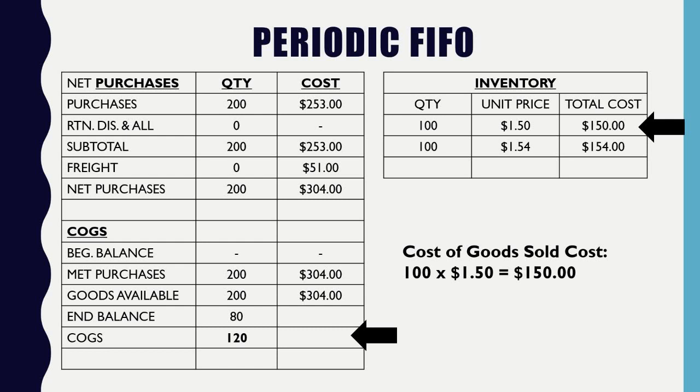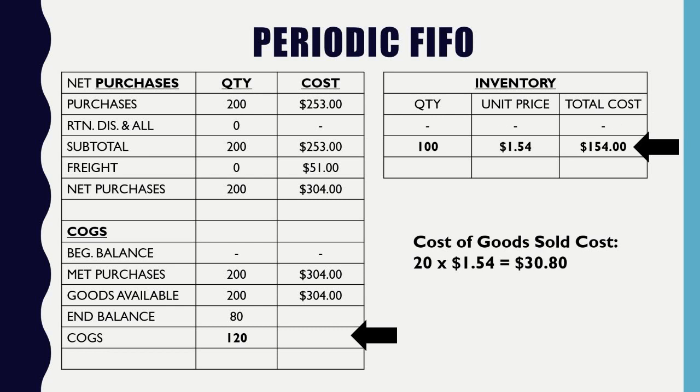Okay, so if we sold 120 items, our first batch of 100, we already know we're going to get rid of 100 items. So our first batch that we're going to look at is our batch for $1.50, which, since I'm going to get rid of the whole thing, I'm going to take that total of 150 and put that into my cost of goods sold.